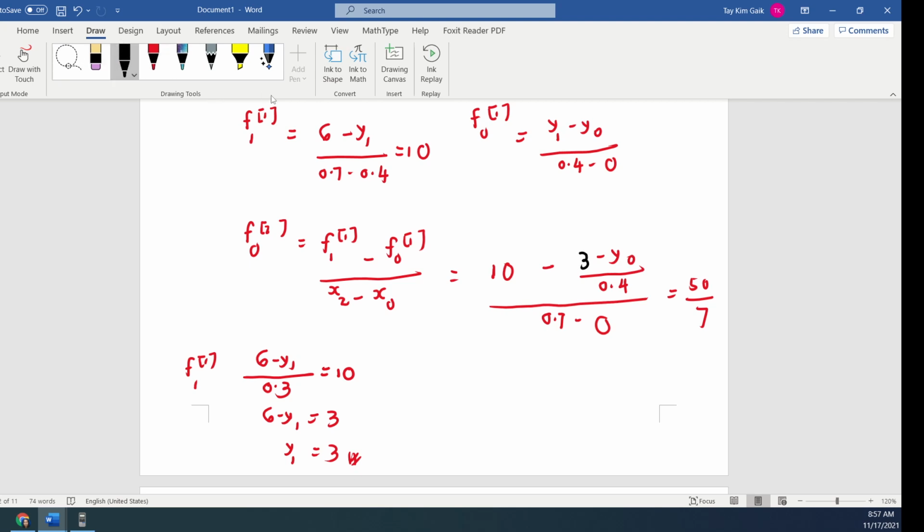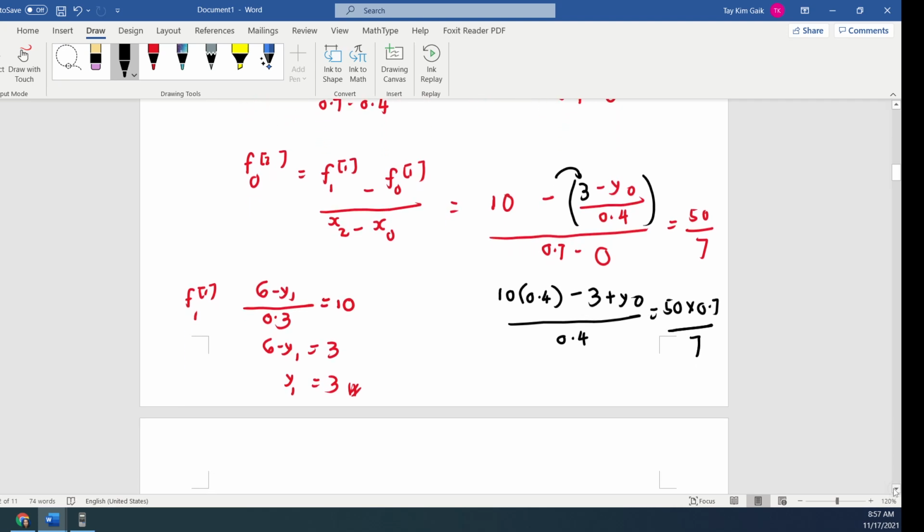Then you can solve for y naught. So 10 times 0.4 minus, expand everything, minus 3, minus minus is plus y naught, divide by 0.4. This 0.7 you bring up, so 50 times 0.7 divided by 7.